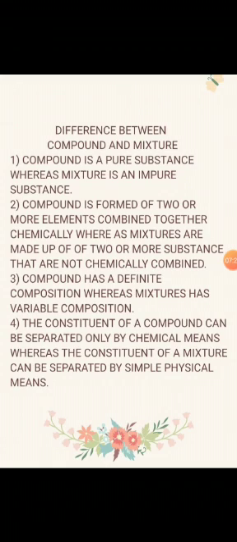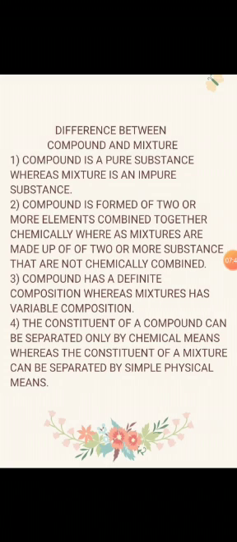Now, let us discuss a few points to understand more about the mixture and the compound, the pure and the impure substance. The first difference between compound and mixture is that a compound is a pure substance, whereas a mixture is an impure substance.